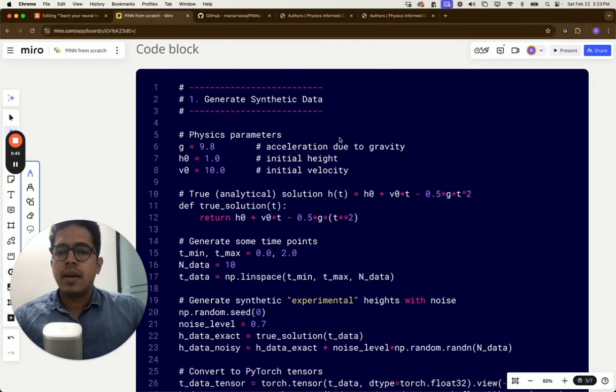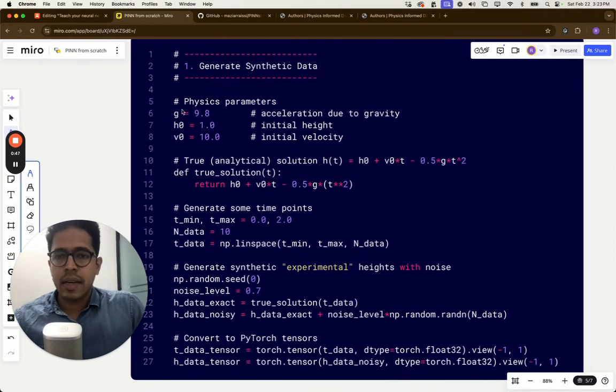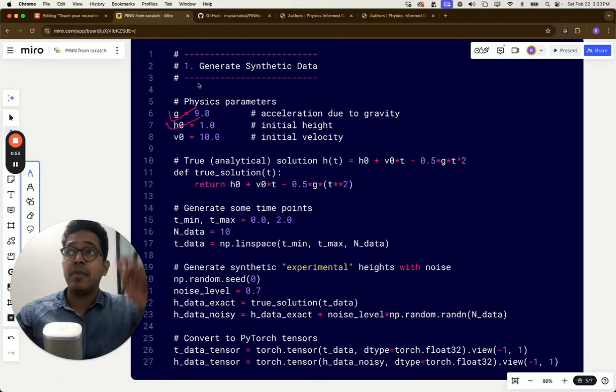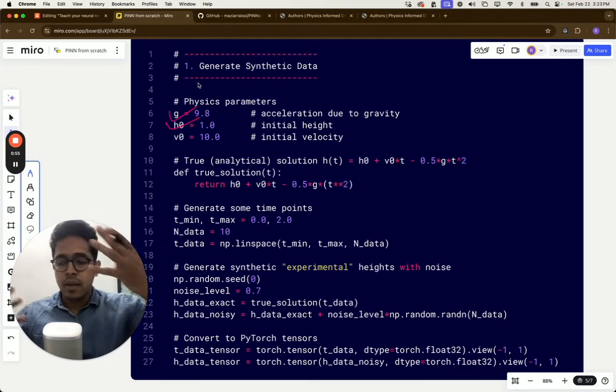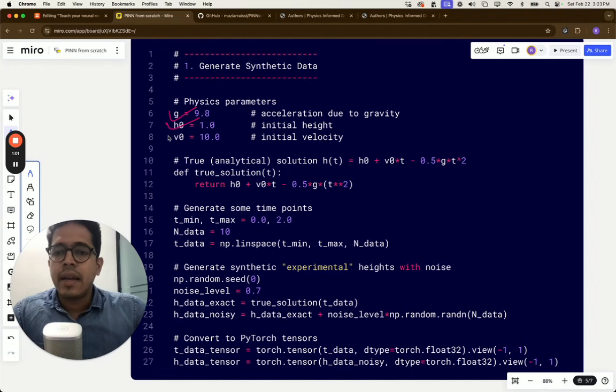So here, some parameters we need to define. Acceleration due to gravity, 9.8 or 10 meters per second squared. Initial height, we will say it's 1 meter. Maybe when you are throwing something up, if a person is 1.8 meters tall, maybe the ball is starting from 1 meter height, something like that. And initial velocity, we can say it's 10 meters per second.